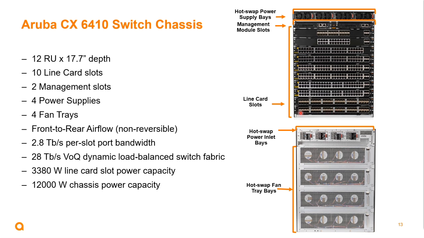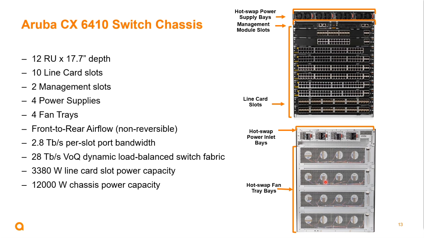Again, the biggest difference is that we have more fan trays, which are provided with the initial SKU on day 1. And again, we have front to rear or port to power fan direction, which is non-configurable.